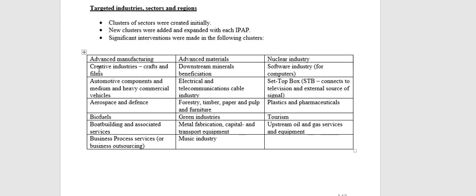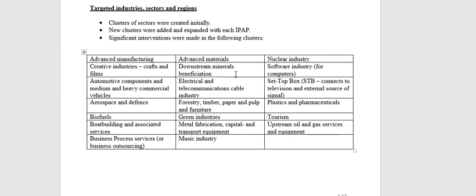All right, so it's advanced manufacturing, our creative industries, which you referred to already, the automotive components, car manufacturing industry that we've mentioned, aerospace and defense. Remember, this was added in IPAP 3. The biofuels, boat building, BPO and outsourcing, we've spoken about that with the IPAP as well. Advanced materials come from the IPAP.